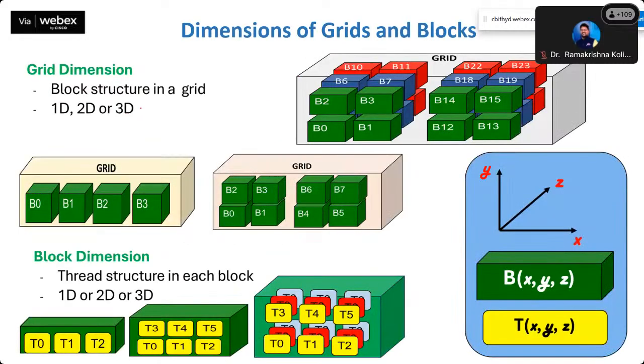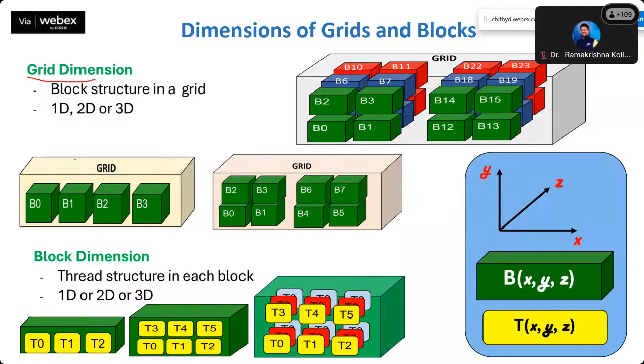In Nvidia, how are blocks and threads arranged? They can be arranged in three dimensions: 1D, 2D, and 3D. The grid dimension is nothing but the block structure in a grid.